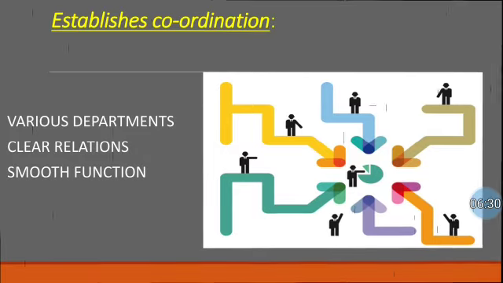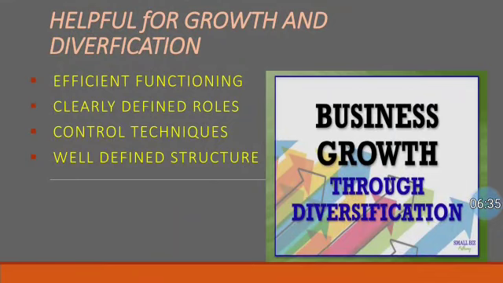In the next point, we are going to study that efficient functioning of the organization leads to growth and diversification. Here, managers are responsible to select the right people for the right job and also to set clear roles to be done by them. Timely control measure techniques should be followed to rectify the mistakes. Growth and diversification is possible when the organizational structure is well defined.